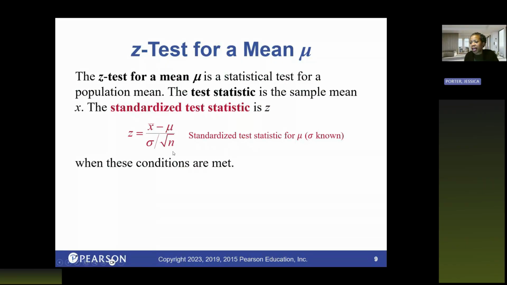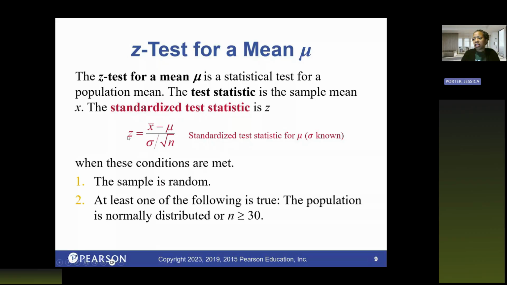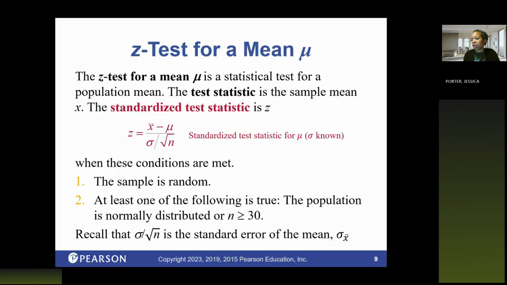Remember from last lesson, when these conditions are met: the sample is random, and at least one of the following is true, the population is normally distributed, or n is greater than or equal to 30. This is our formula. This is another formula you're going to need to know, but we're also going to use technology, so don't fear. You can always check your calculations with technology.